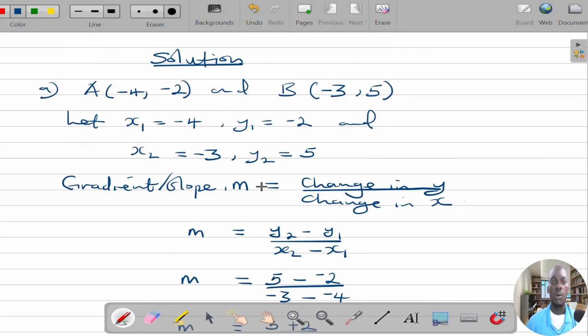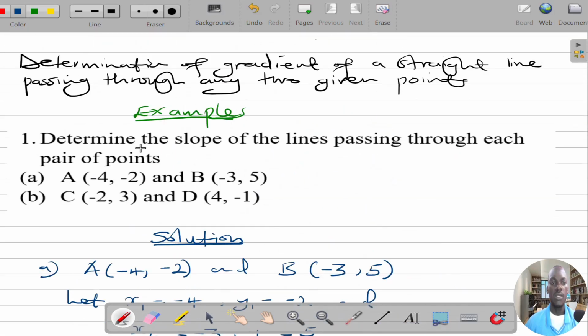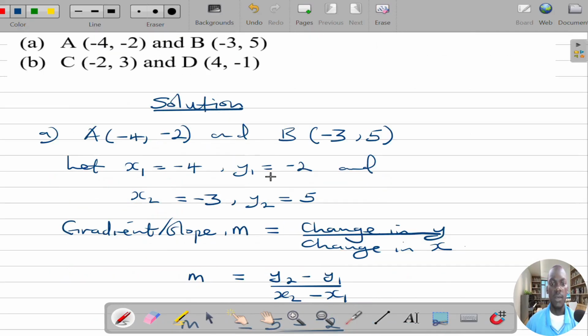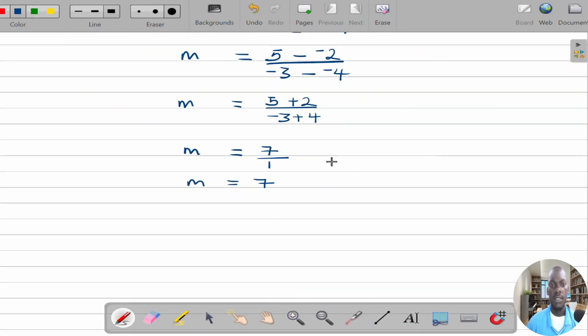Then we have to conclude. Remember in the question, they said determine the slope of the line passing through each pair of points. So for part A, we have got that as our answer.